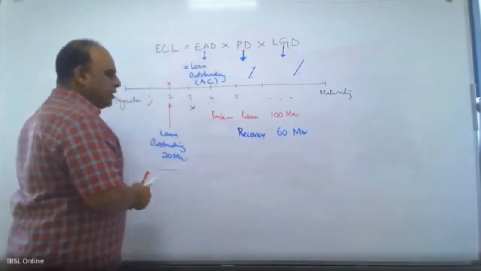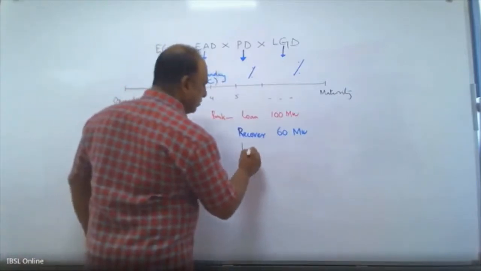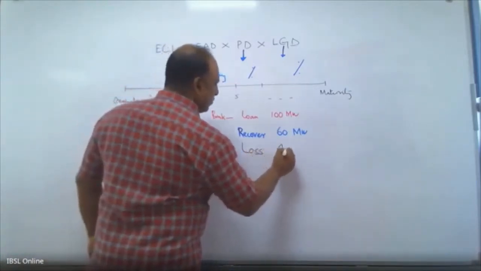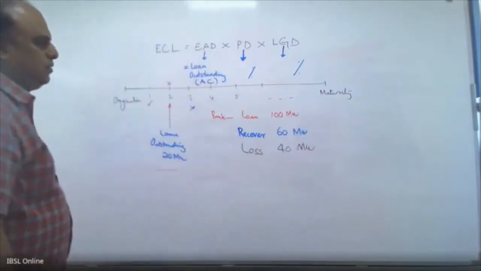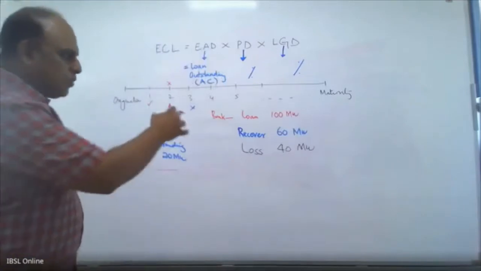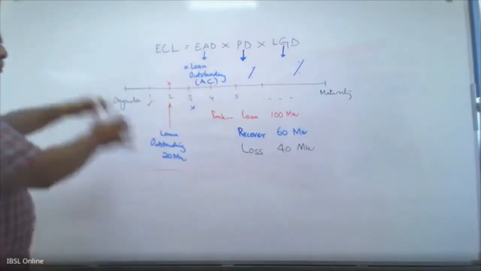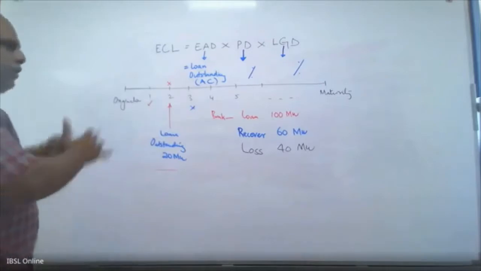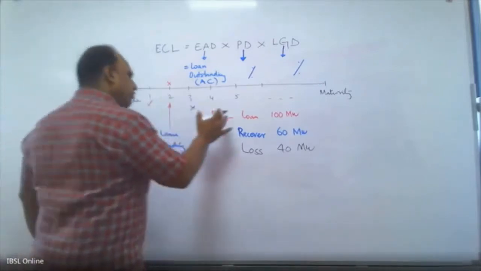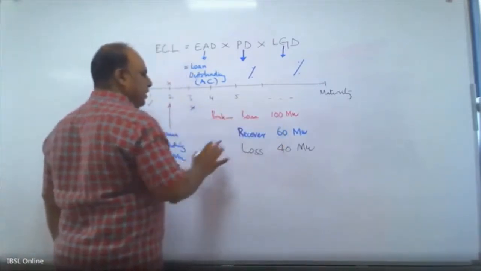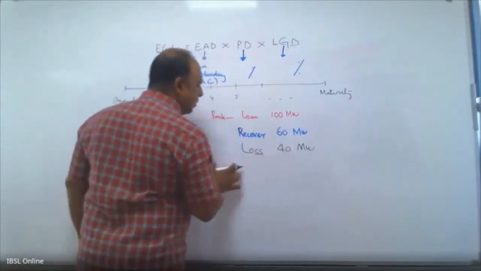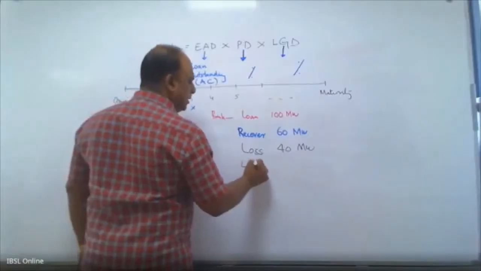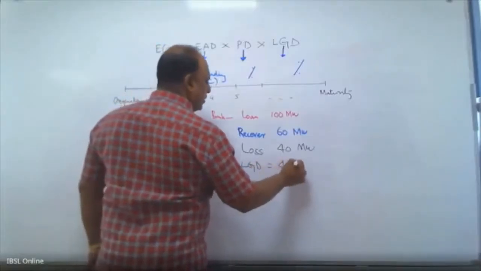So which means, what is their loss? 40 million. This is what I'm trying to explain. In the past, for every loan of 100 million, they have somehow recovered 60 million. So as a result, their loss is 40 million, which means the LGD is 40%.